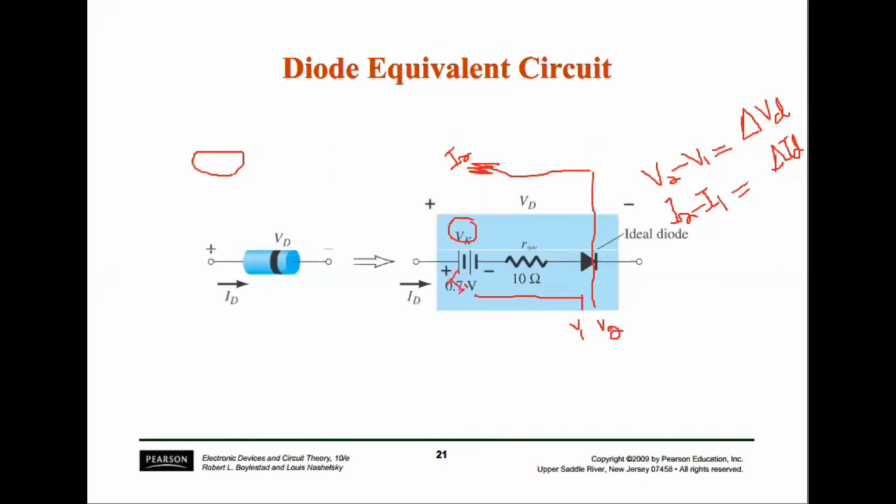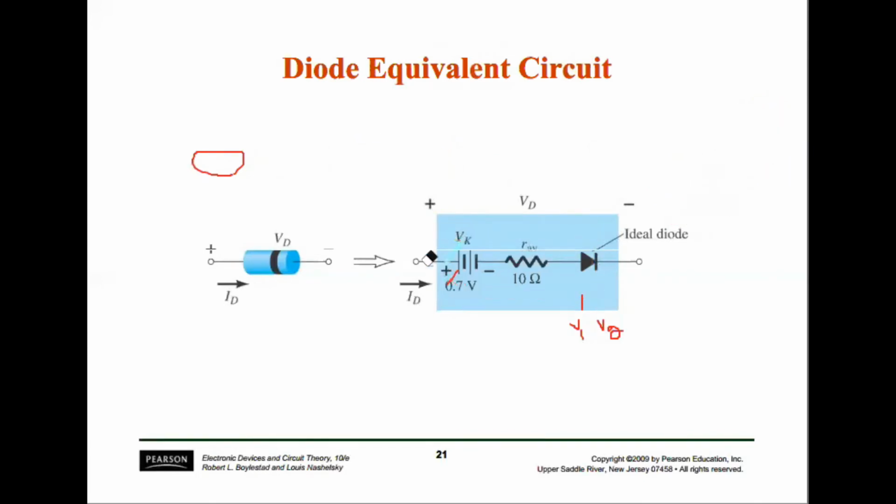This is a diode equivalent circuit for representing any diode circuit. I have told you that in any diode, let's say this is a silicon diode, the voltage drop is 0.7. So it is represented by a voltage source, a resistor, and an ideal diode.